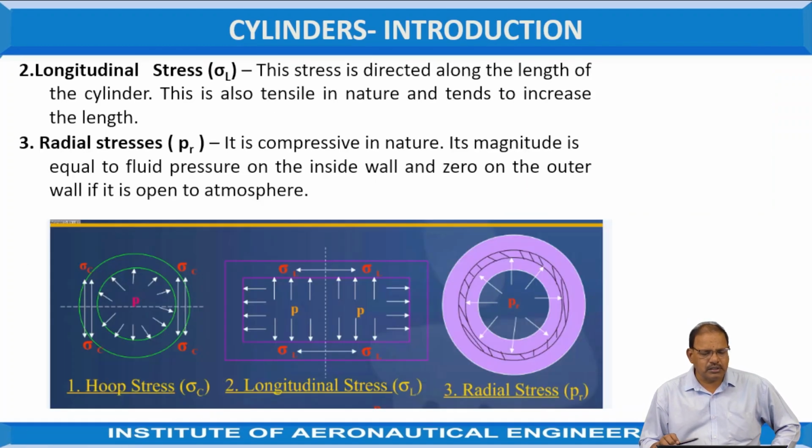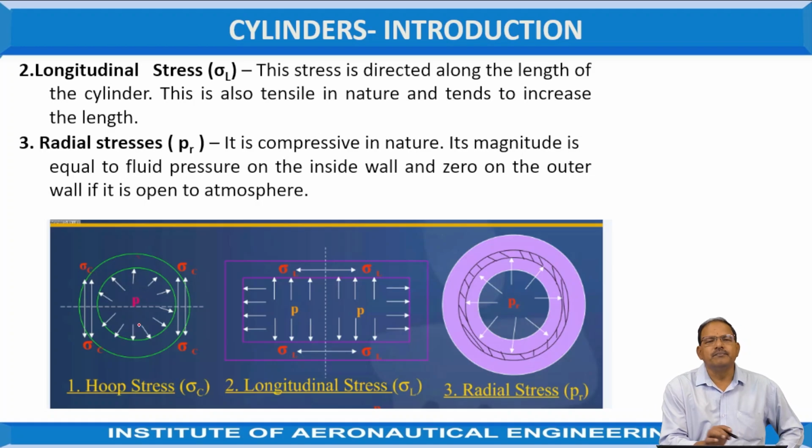Longitudinal stress. Here, in the previous case we have taken hoop stress. Now, this represents the elevation of the cylinder. These are the stresses which are acting in line, tangential to the circumference of the circle, almost perpendicular to the diameter of the shell, that is, the cross section of the shell.